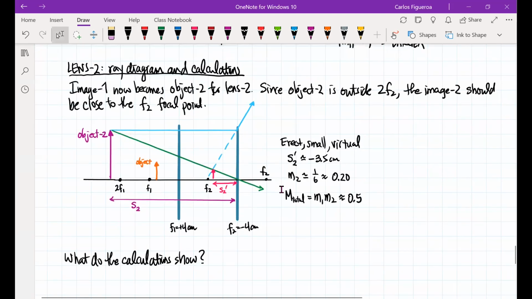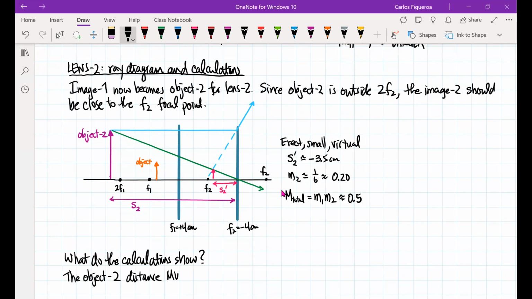I need to know that distance S2. So the object distance must be calculated. So let's look at this thing.